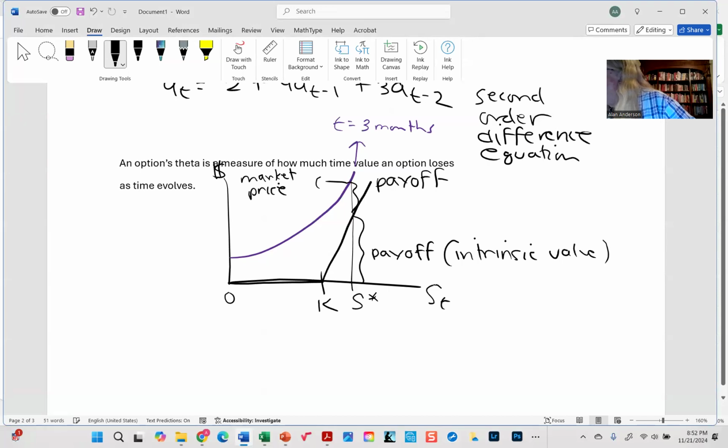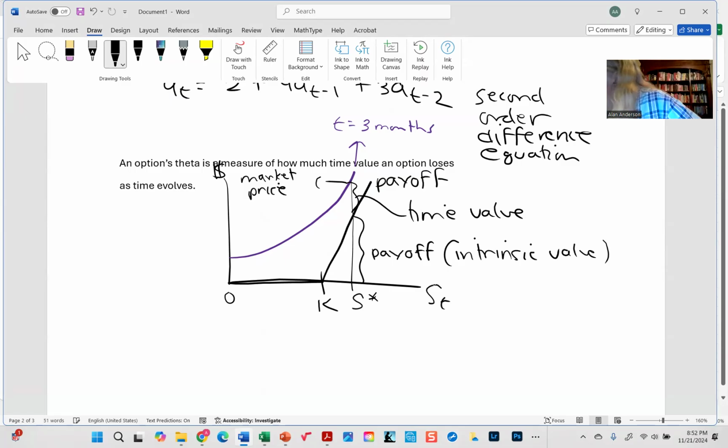The spread between these two is the time value of the option, which means that the reason why there's time value is because depending on how long it is until the option matures, there's a pretty decent chance that the option will continue to gain in value, and that's what you're paying for here. As time elapses, though, the market price gets closer and closer.